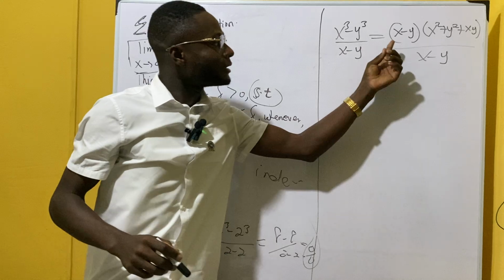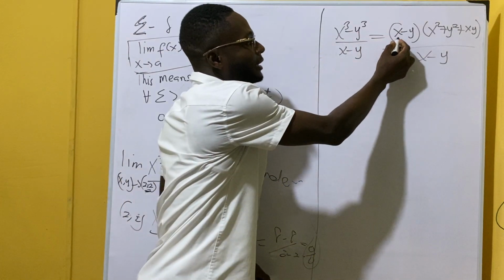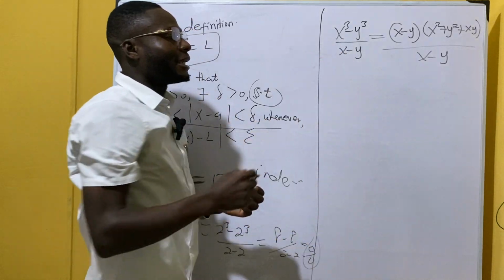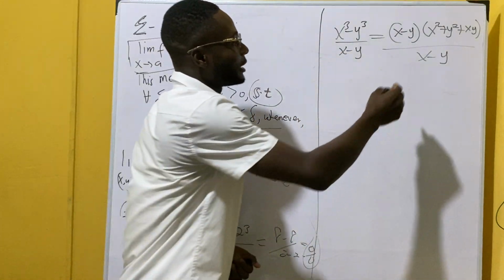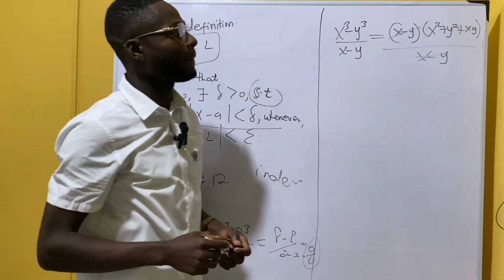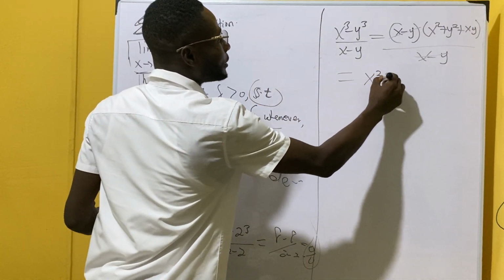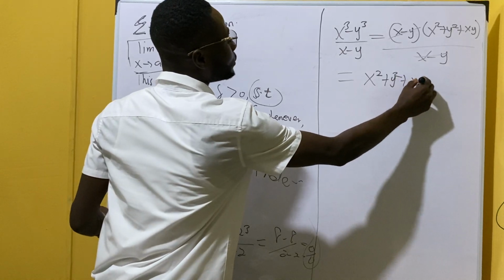If we multiply out x minus y by this factor, we get the numerator, so the x minus y cancels, and we have x squared plus y squared plus xy.